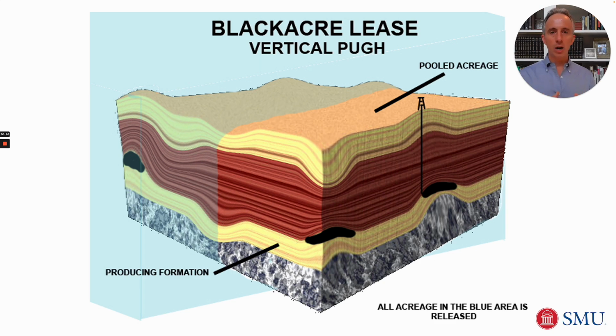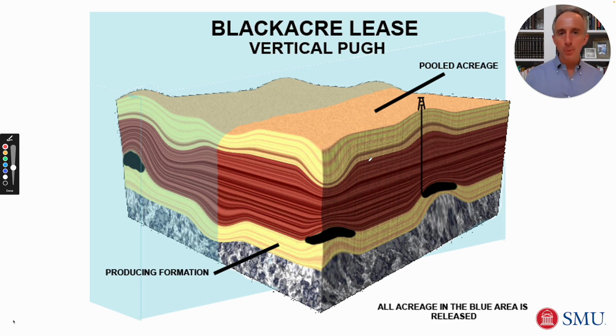So as we're going to talk about, especially with fracking, look at all these different layers underneath the earth. Each of these layers may have oil in it. So you may have conventional deposits, and then each layer of sediment underneath the earth may have oil and gas in it that you want to produce. So you can think about all that oil and gas underneath the earth as basically a layer cake with lots of different layers that all may have oil in it that you'd all like to produce.